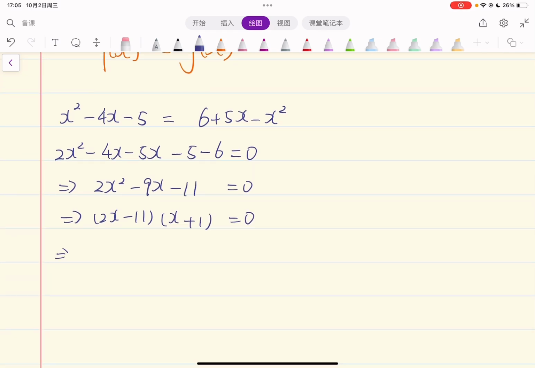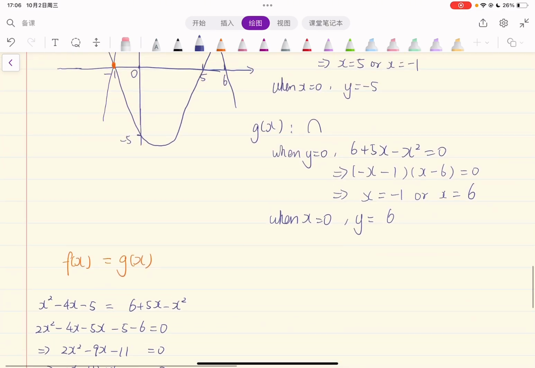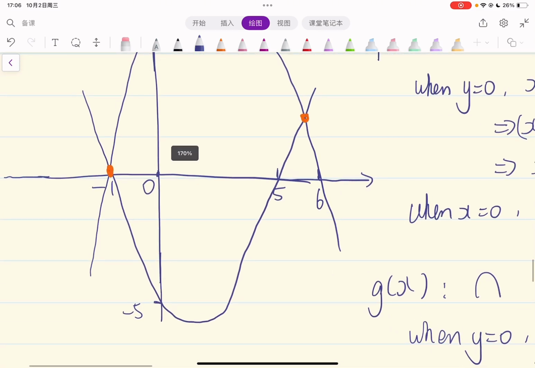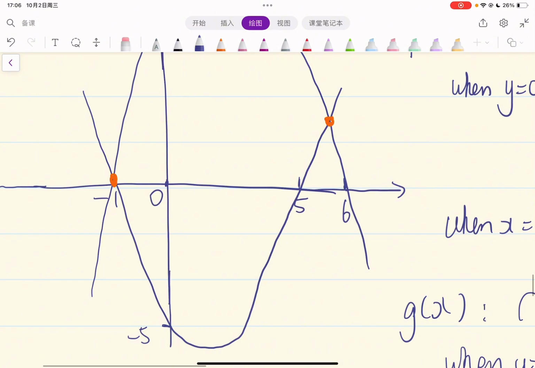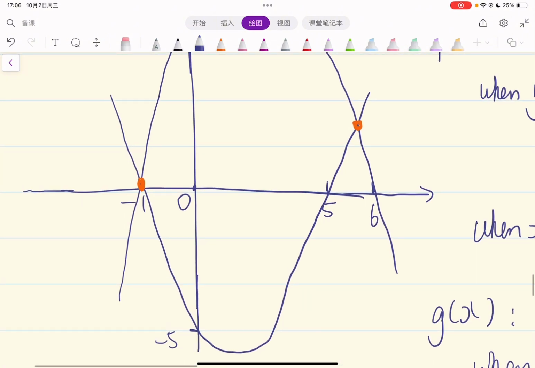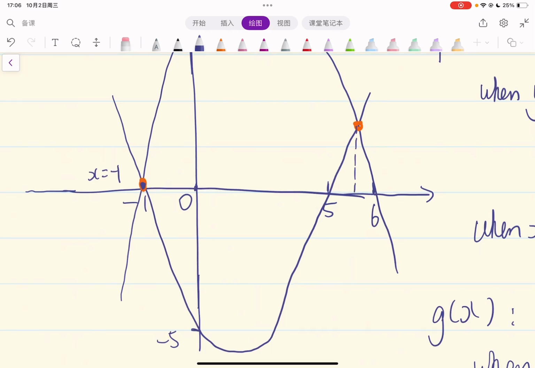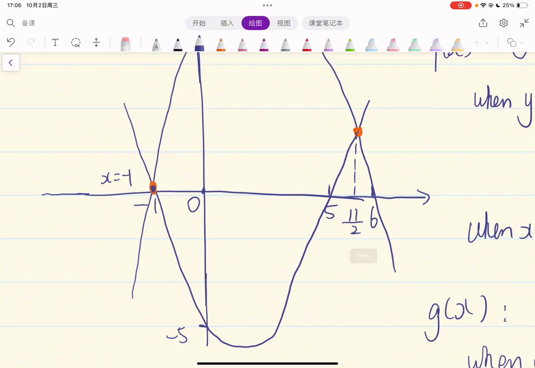Which means 2x equals 11, x equals 11 over 2, or x equals minus 1. So in here we find the two intersection points, one at x equals minus 1, and the other at x equals 11 over 2.